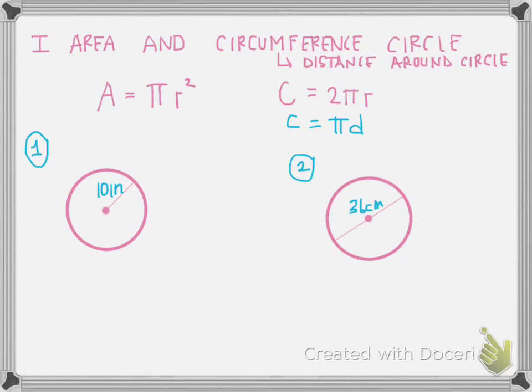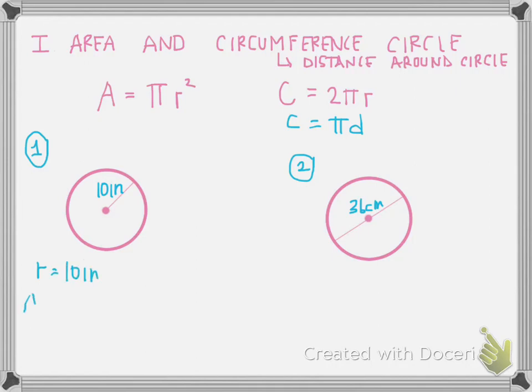So in these two problems, I want to find the area and the circumference. Number one, if I wanted to find the area, I know my radius is going to be 10 inches.